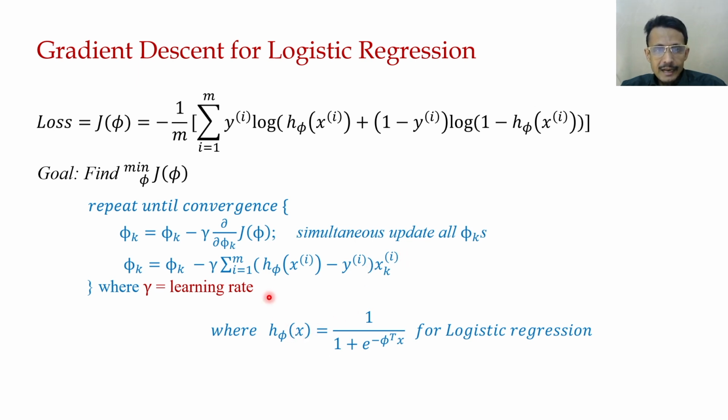The only difference is that in this case h_φ is the sigmoidal nonlinearity over φ transpose x. So h_φ(x) is 1 over 1 plus e to the power minus φ transpose x for logistic regression. That is the major difference.